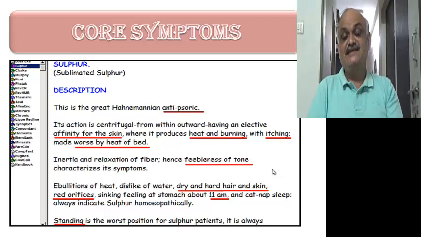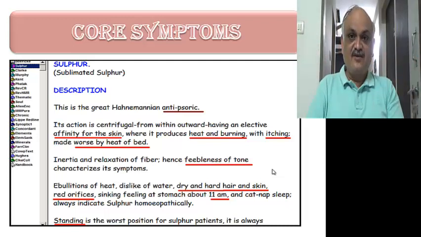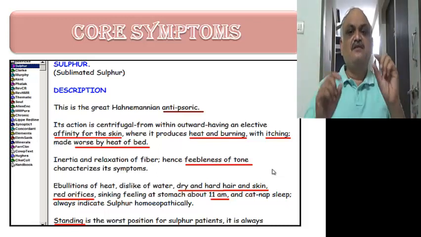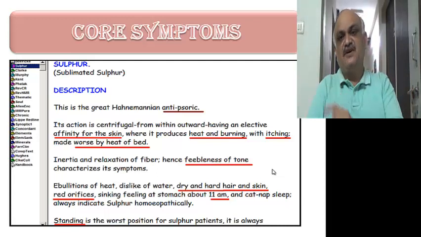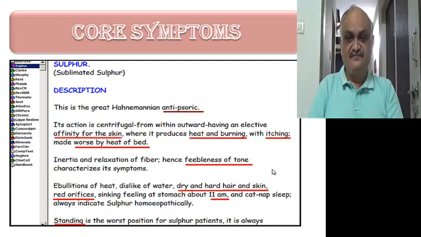You have to do this exercise for at least 15 medicines. The more, the better. But 15, just 5 sentences of each medicine. Only 5, without which you cannot think about that medicine. You have to remember that. And this is going to help you.